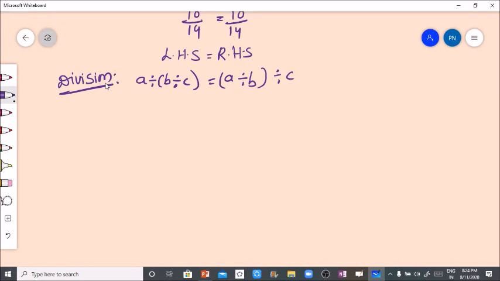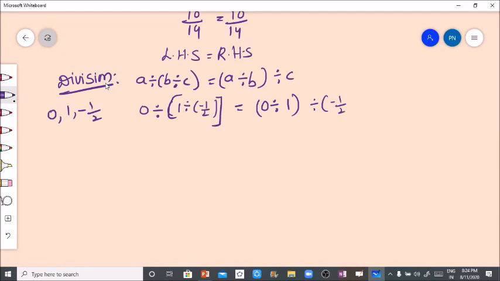Okay, I am taking 3 rational numbers: 0, 1, minus 1 by 2. A is 0, B is 1, C is minus 1 by 2.